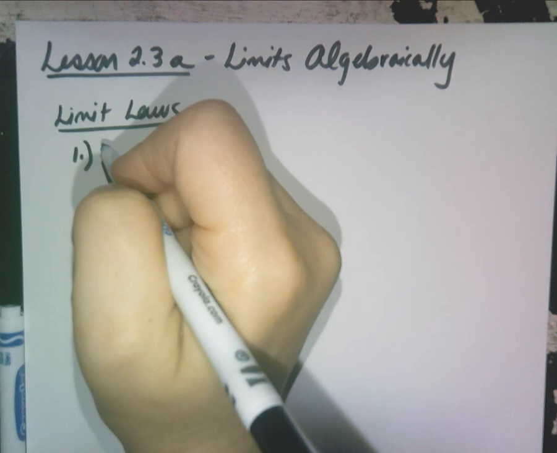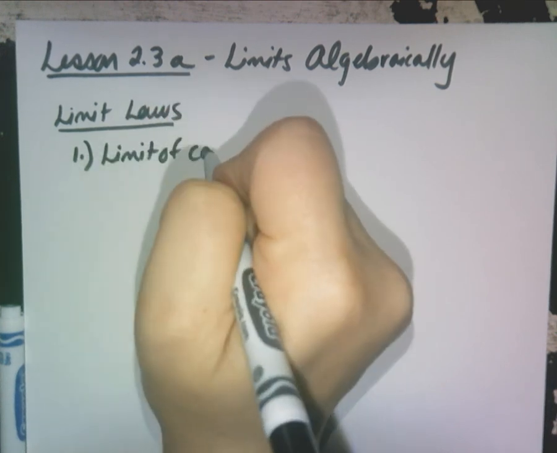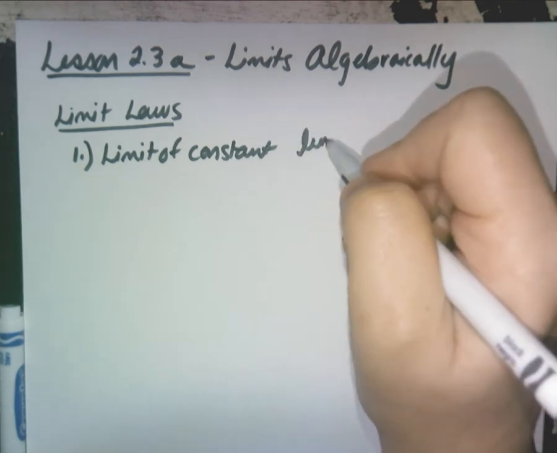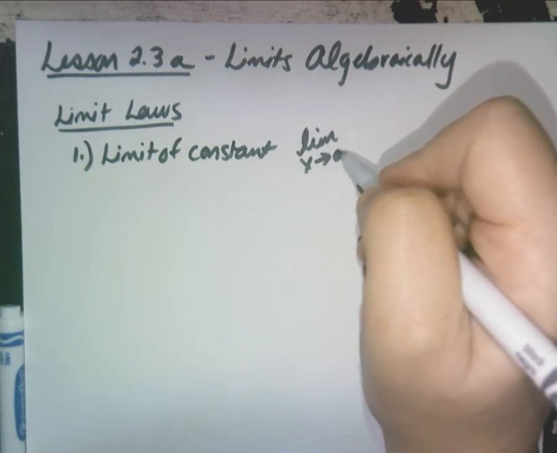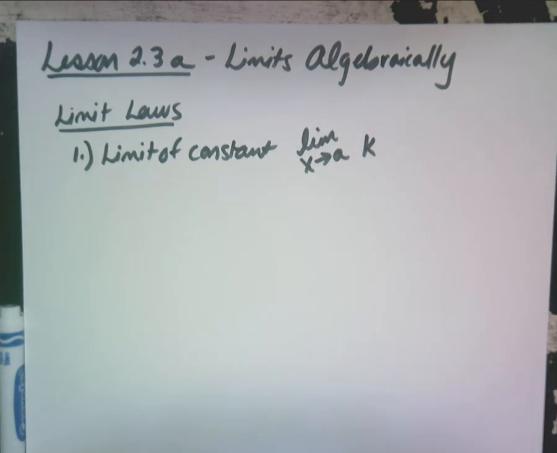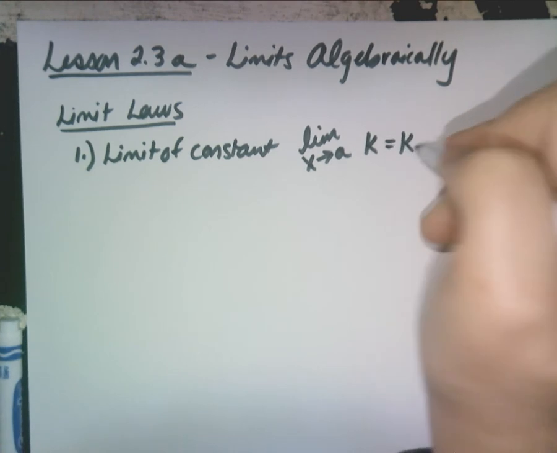All right, so your first limit law is the limit of a constant. Meaning, the limit as x approaches a of some constant k. It equals k.